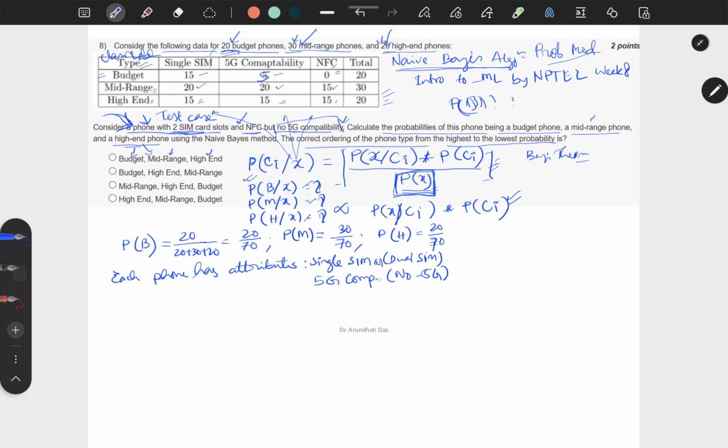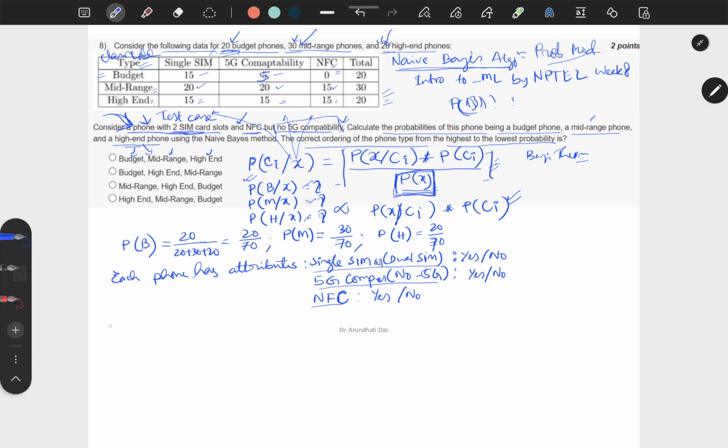And the last feature is whether the phones are having NFC. So these are the attributes. And what are the values of the attribute? Single SIM or dual SIM is yes or no. 5G compatibility is there or not there. NFC is there or not there. These are the attribute values.